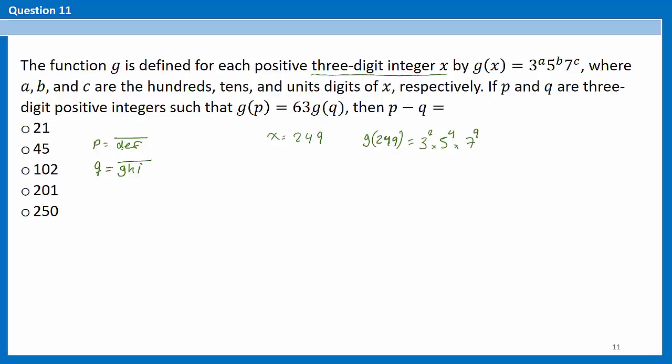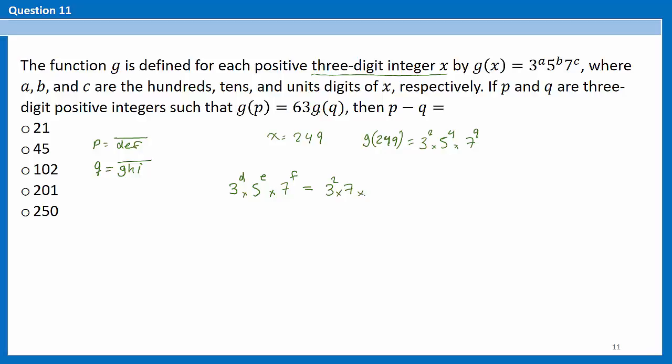In this case, g of p would be 3 to the power d times 5 to the power e times 7 to the power f equals 63. Now 63 in prime factorization is 9 times 7, which is 3 squared times 7, times g of q.